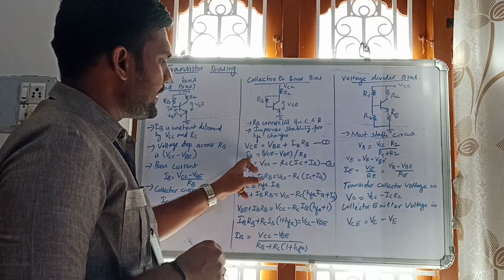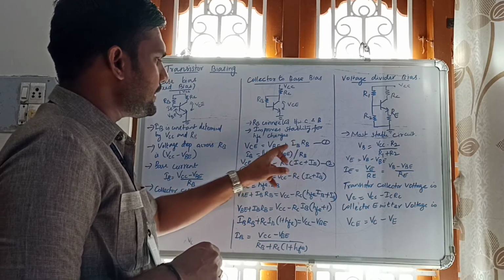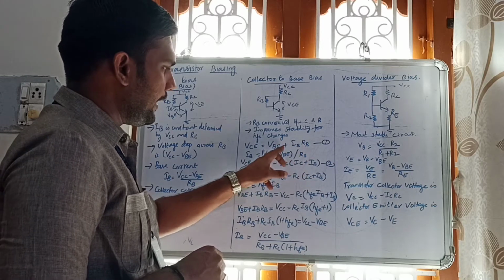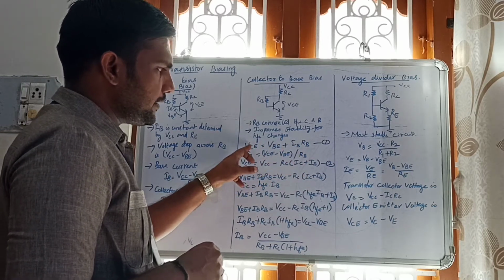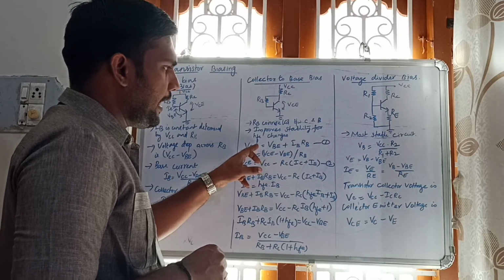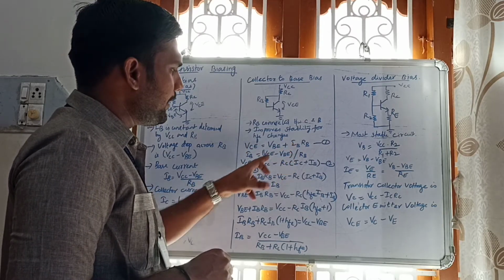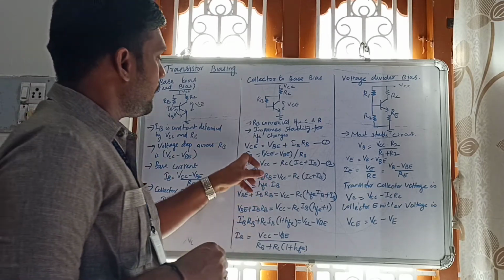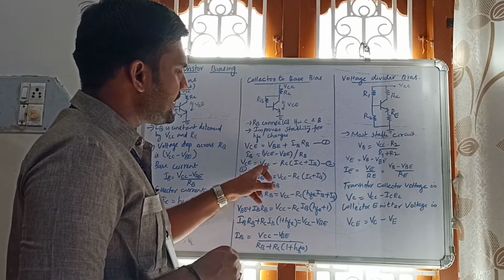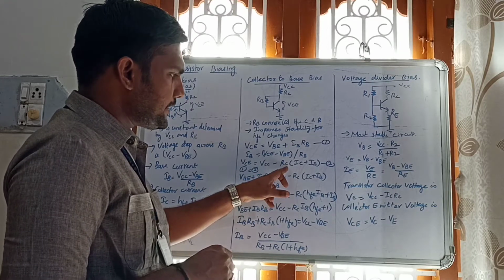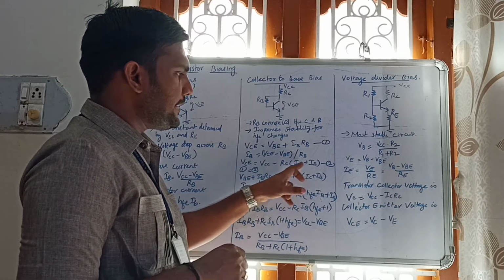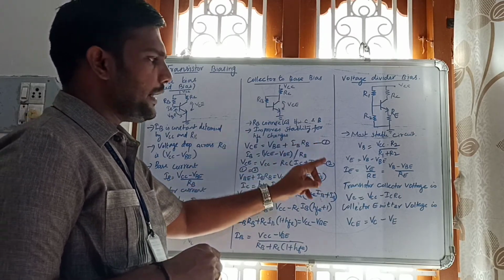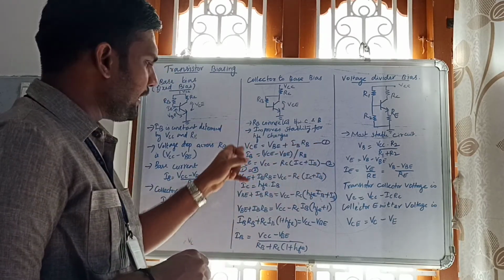Then IB, from this: keep IB RB on one side and bring the remaining to the left side. So IB is equal to VC minus VBE divided by RB. Then VC is equal to VCC minus RC into IC plus IB. We take this as equation number 2. Equations 1 and 2 are both for VC, so we can equate these two.